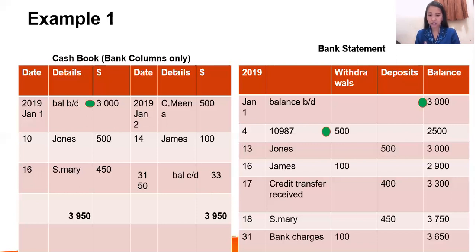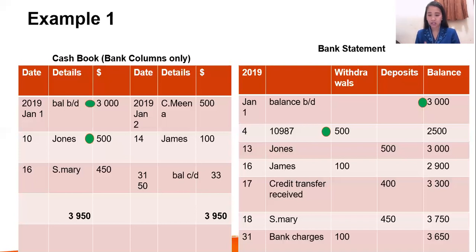Yes, in the bank statement there is a withdrawal of 500, and in the cash book it is on the debit side, Jones. It doesn't matter that the detail is different, the number is the same. If the bank statement shows a withdrawal, the cash book could show it on the debit side. You can see here clearly.